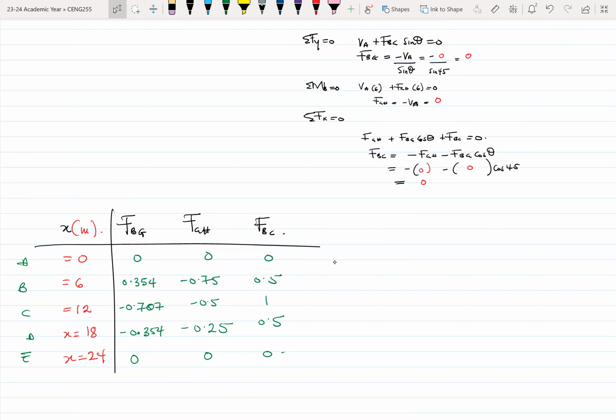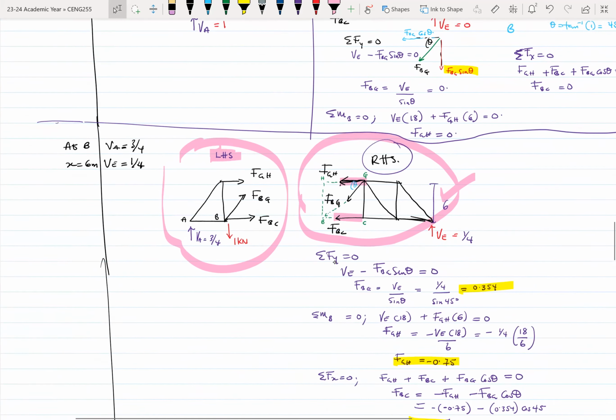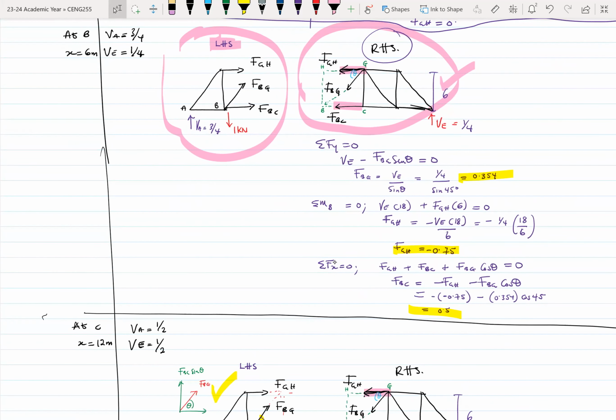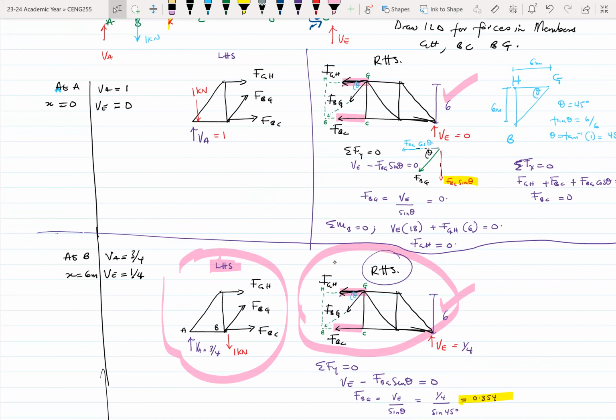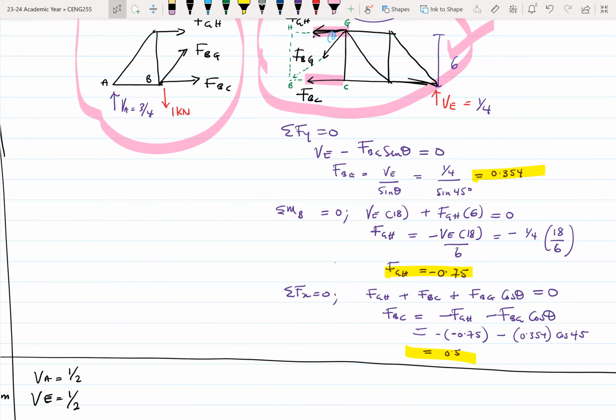If the load is at 0 meters, FBG, FBC, and FGH were 0 when the load was at A. When the load moved to 6 meters, FBG was 0.354, FGH was minus 0.75, and FBC was 0.5.